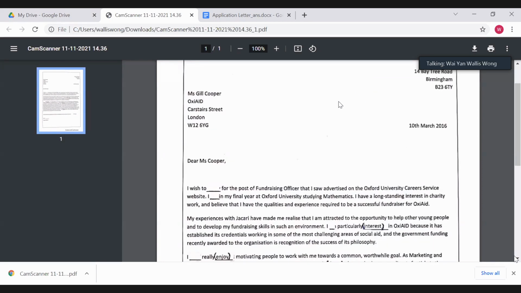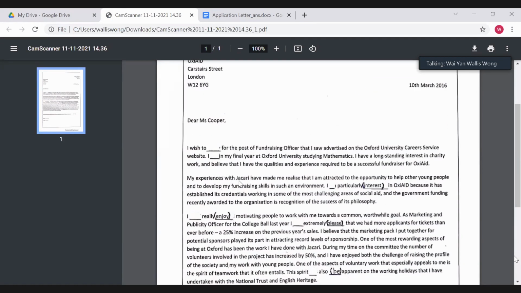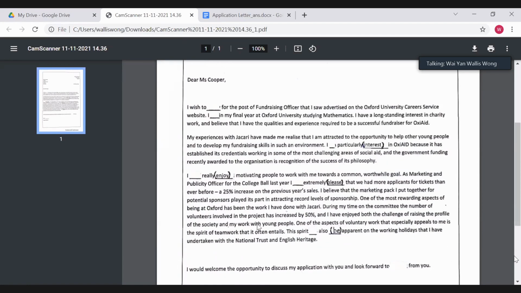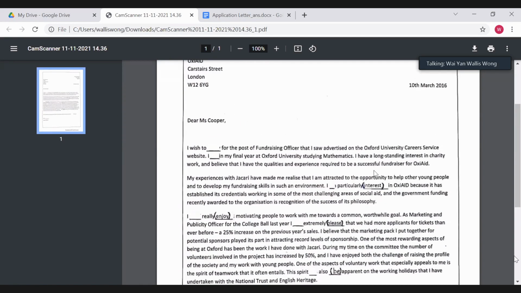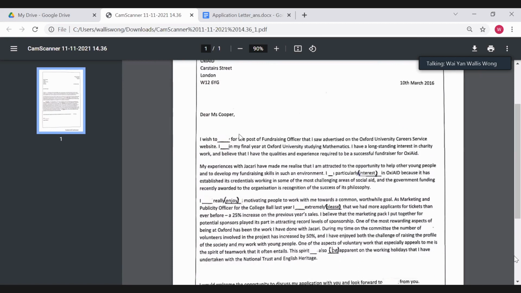I would like you to look at the blanks. I underlined some of the words and also left you blanks. Can you quickly look at the whole letter and try to fill in the blanks? Some of the words are not provided because it is straightforward.